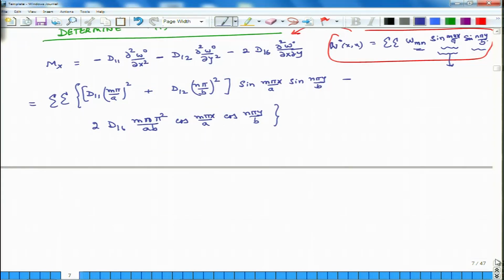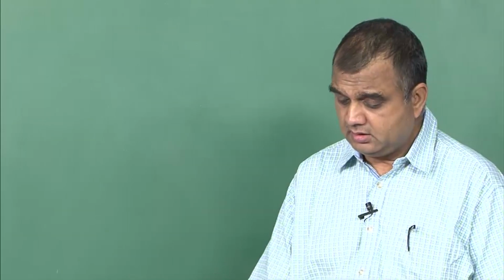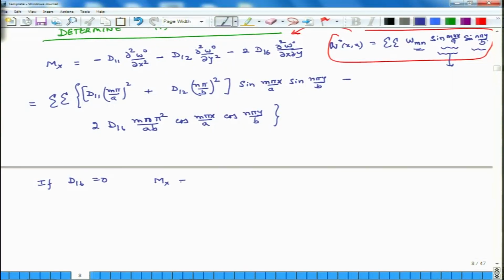Now let us look at the value. If D16 was 0, that is, each ply was orthotropic in nature, then Mx would be 0 at x is equal to 0 and also at x is equal to a, because if D16 was 0, then this term does not exist and sine terms vanish at x is equal to 0 and at x is equal to a.